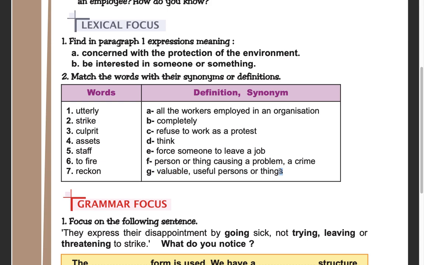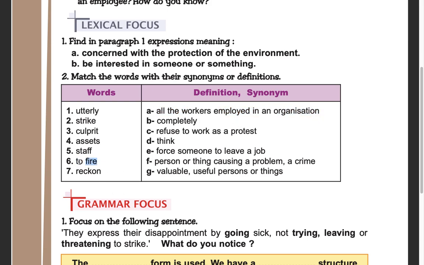These little details can help you find the right answer in an exam. Noun in the plural form, noun in the plural form. Adverb, adverb. Staff is a noun. We talk about all the workers employed in an organization as a group. So that is why here you find a noun in the singular form, and this is maybe a noun in the plural form, but we're looking at it as a whole. All the workers as a group.